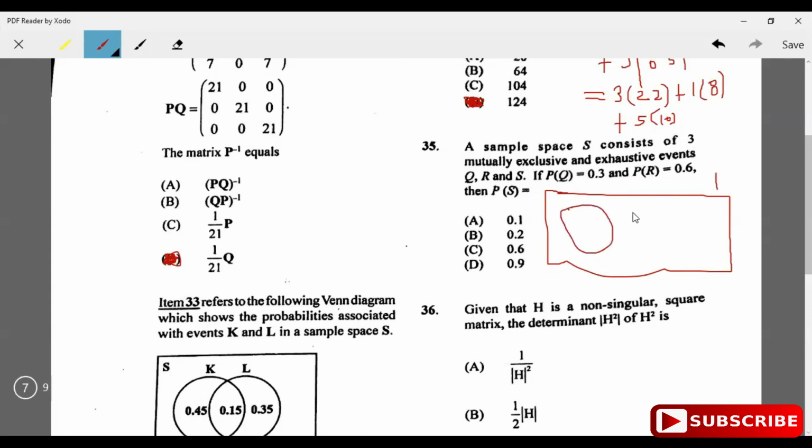They tell you that P, Q, and R don't intersect, that one is 0.6 and another is 0.3. What must the other one be in order for it to sum to 1? It has to be 0.1.